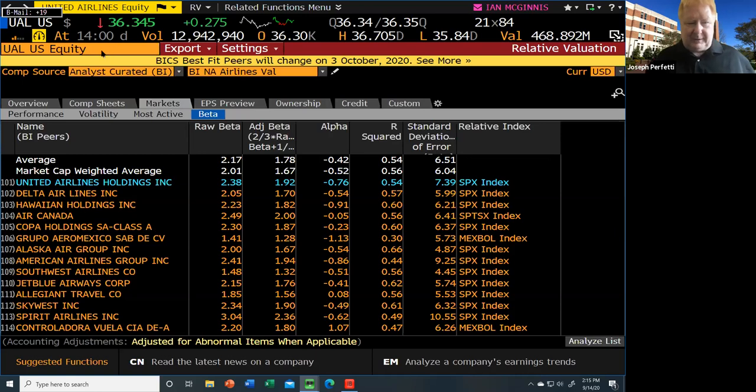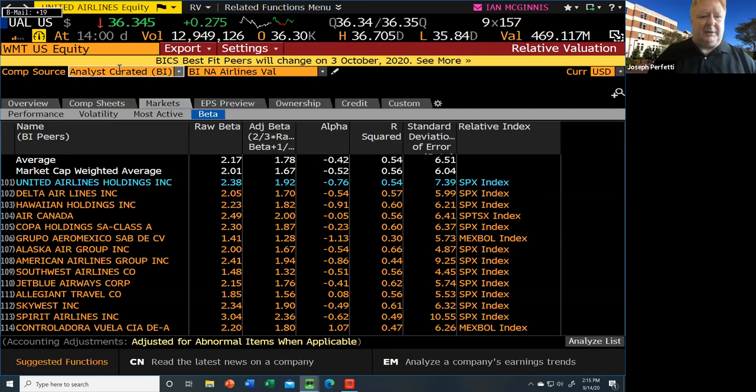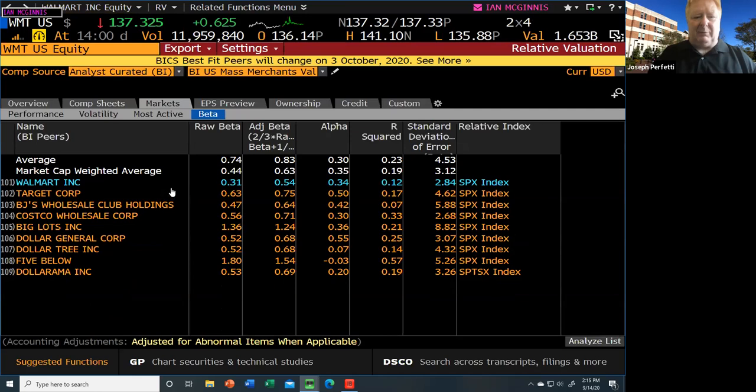Versus, let's say that we looked up Walmart, WMT. So Walmart's industry, discount retail, is 0.44, and Walmart's beta is 0.31. So kind of makes sense.